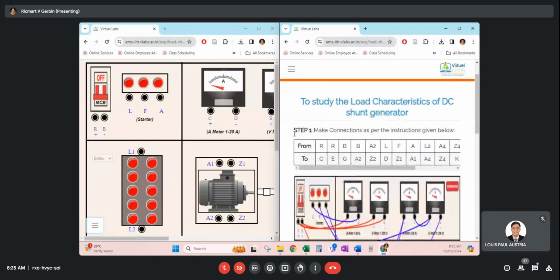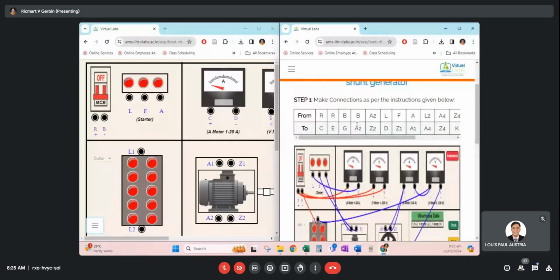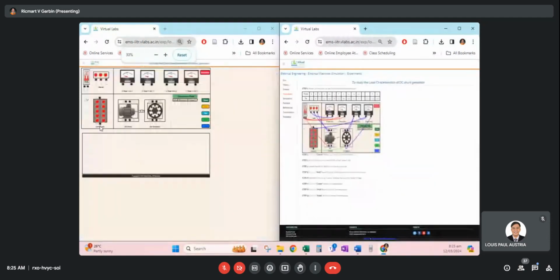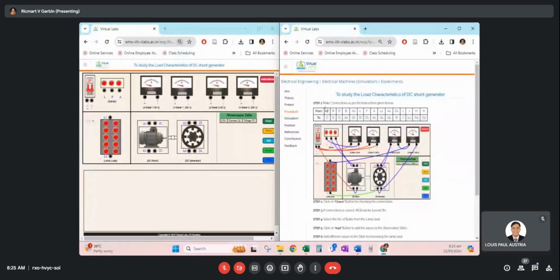So all you have to do is to do the step-by-step procedure. Di ba makikita natin? Ito daw, from R to C. I-click nyo lang yan pag nakita nyo na yung arrow na yon, yung kamay.